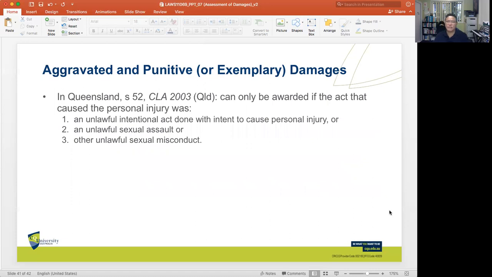Under Section 52 of the Civil Liability Act, it can only be awarded if the act that caused the personal injury was an unlawful intentional act done with intent to cause personal injury, or was unlawful sexual conduct or other unlawful sexual misconduct. In other instances, aggravated and punitive damages cannot be awarded except in these three categories.